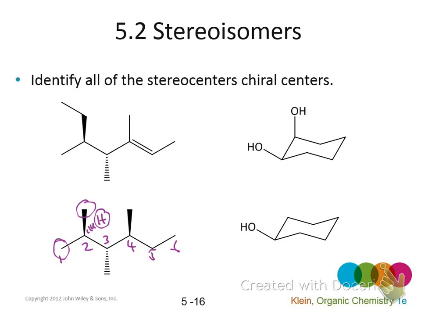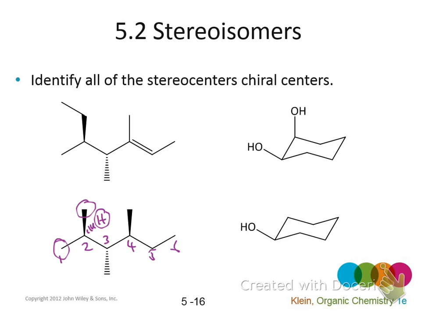Let's do this with our models again. Make 2 of your atoms the same on each. I made mine green. This is the necessity of having 4 different groups. I'm holding mine by the red ones.